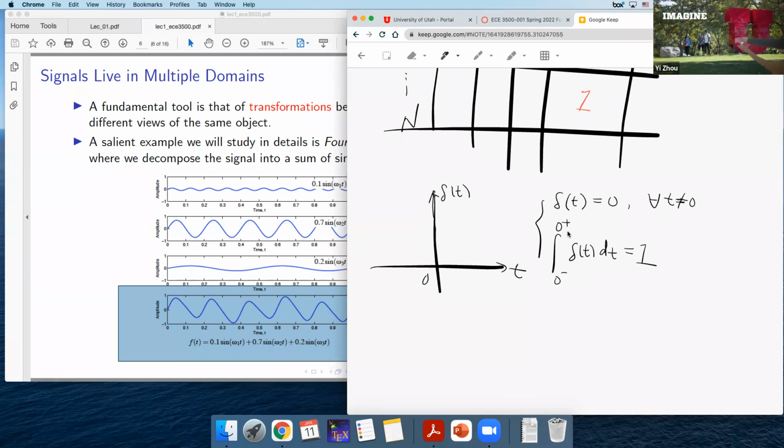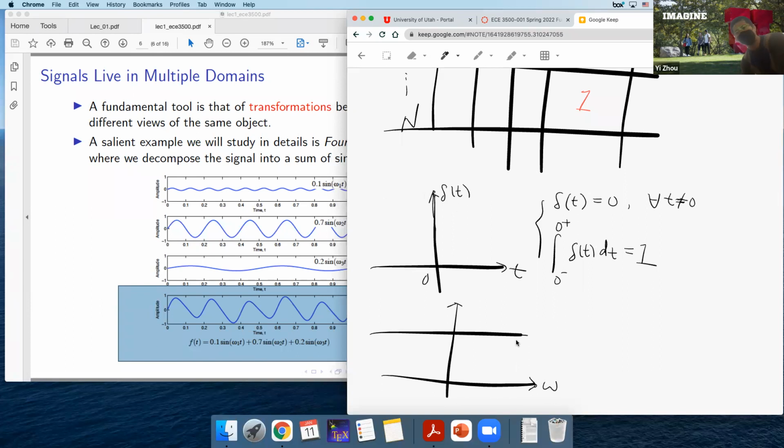Taking integration around this original point of this signal, we get 1. That essentially means that at this original point, the signal must have an infinite magnitude. Otherwise, it cannot be integrated to 1. If you do a Fourier transform of this signal, you will see that in the spectrum domain, it is everywhere.